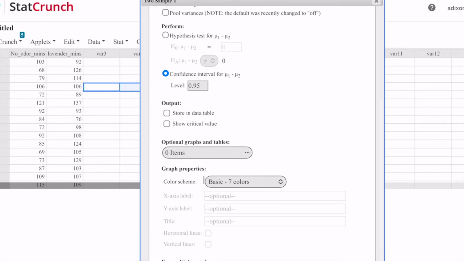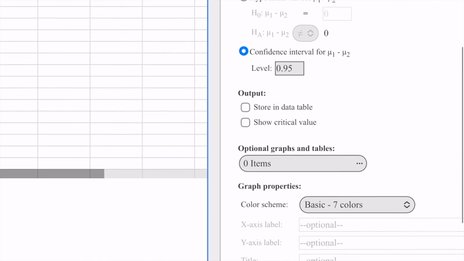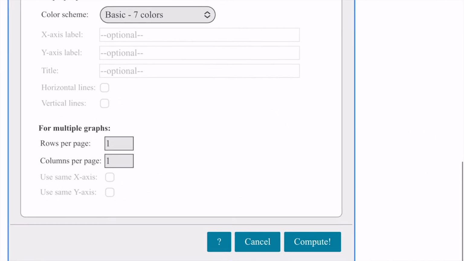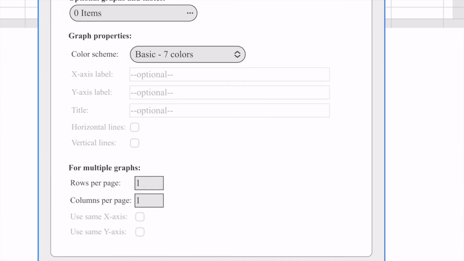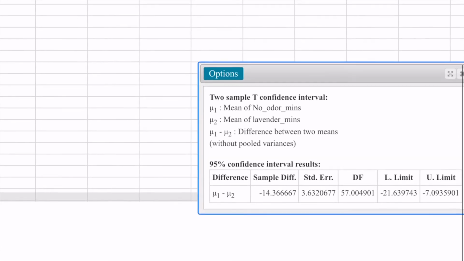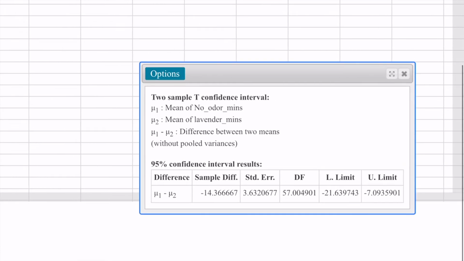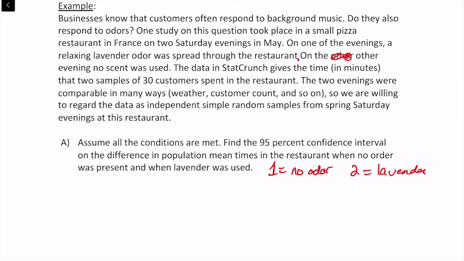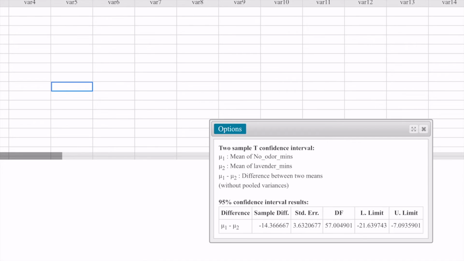Okay, everything else seems good to go. We're going to come down here, click compute. There we go, folks. All right. So our confidence interval goes from negative 21.64 to negative 7.09.